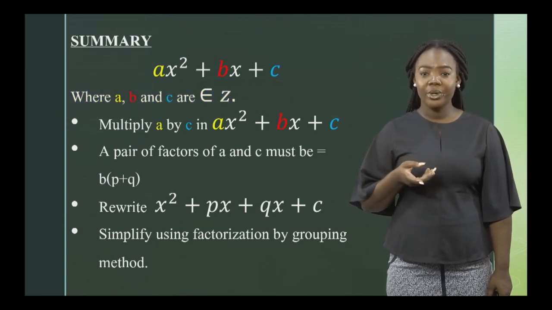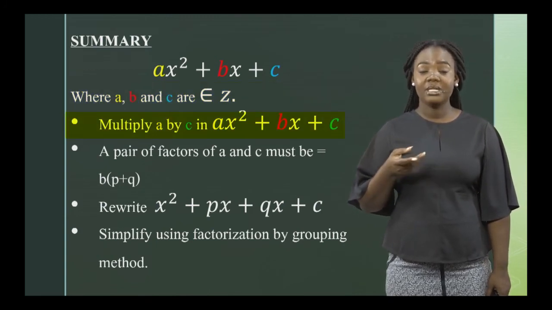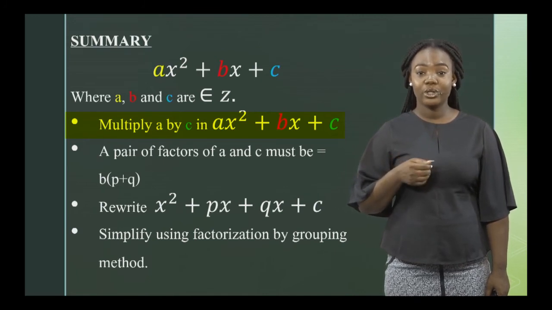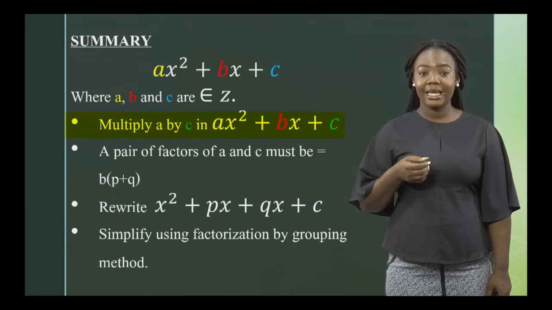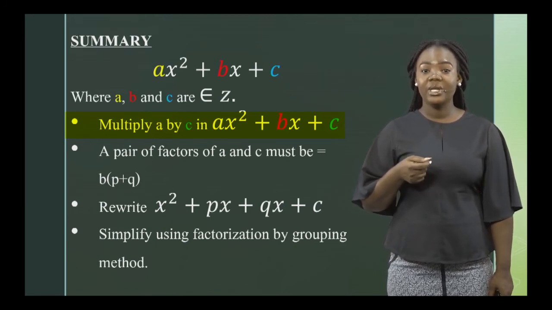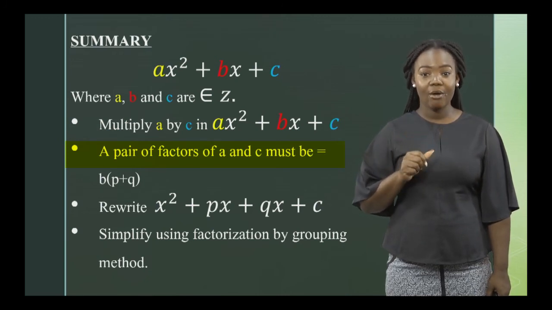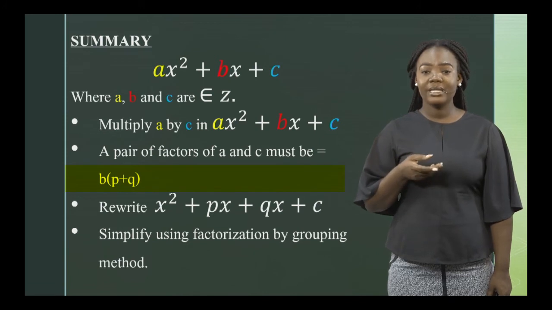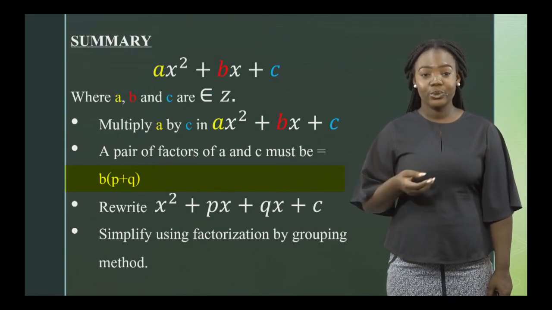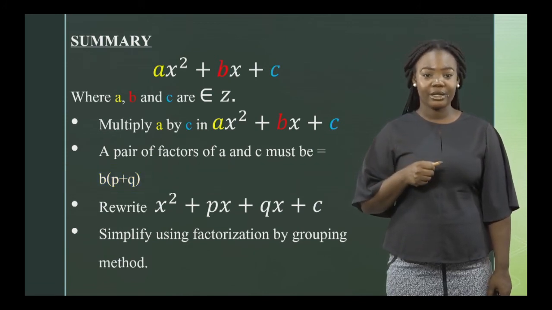Now, how do we factorize? We multiply the value of a, which is the coefficient for x squared, by c, which is our constant value. And once we would have done that, we need to choose a pair of factors that will help us to get b. But what is b? b is that value that you get when you sum the two factors.